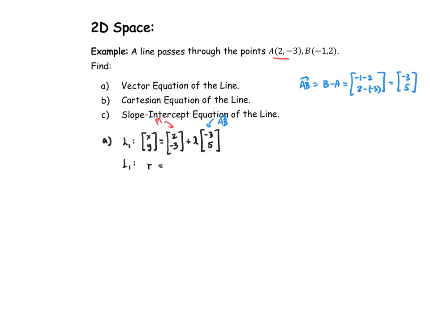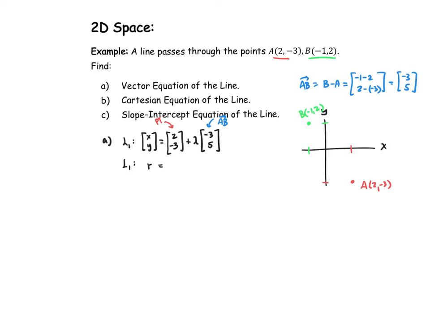Okay, so let's visualize this. Let's put A and B on this coordinate grid, the xy plane. So here is A. A is at the point (2, -3). I stated earlier that if we went left 3 and up 5, we would end up at the point B. So let's put the point B in green, so that would be (-1, 2). There's the point B, (-1, 2).